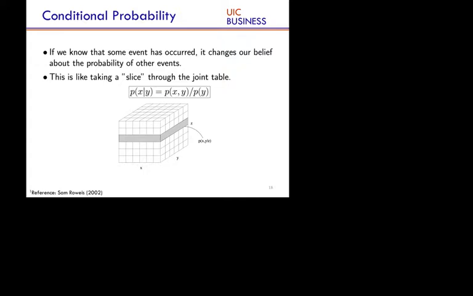So in the die example, you can think of events which correspond to whether the dice outcome was odd or even, and then you can also have an event which corresponds to whether the dice outcome was less than 3 or greater than 3.